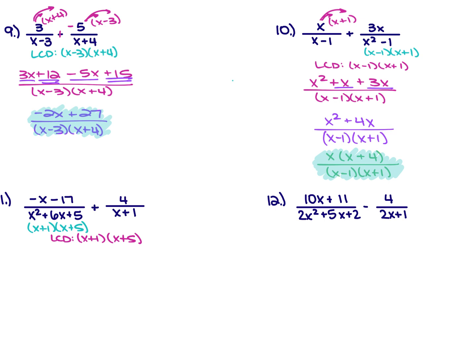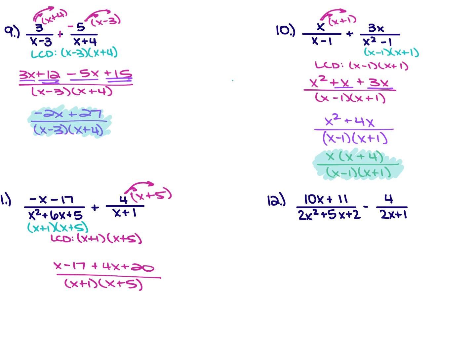Your second fraction in your denominator is missing the x plus 5, so multiply the 4 by x plus 5, distribute it in. This is going to leave you with negative x minus 17 plus 4x plus 20 all over x plus 1 times x plus 5.